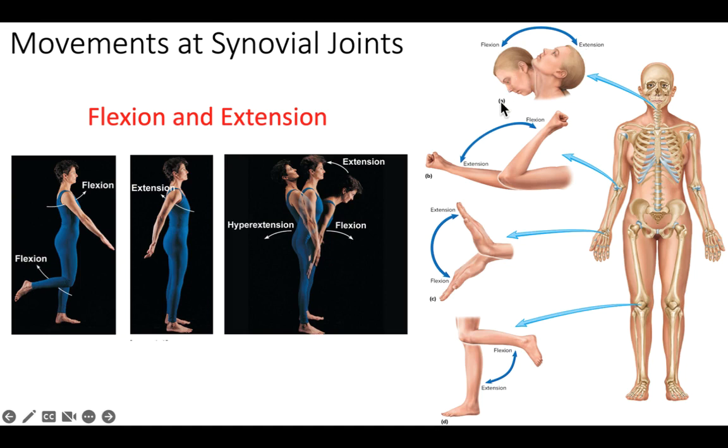So with flexion you look down, with extension you look up. Let's look at another one, your wrist. You can flex your wrist and extend your wrist. When your hand is straight, the angle is 180. When you bend it this way, you're flexing. When you bend it the opposite way, you're extending.